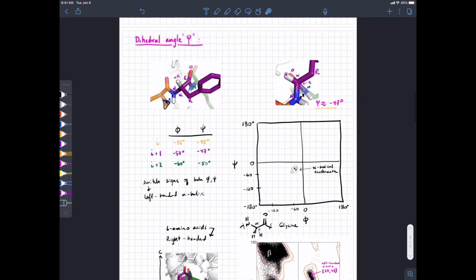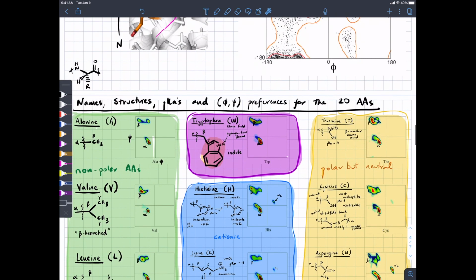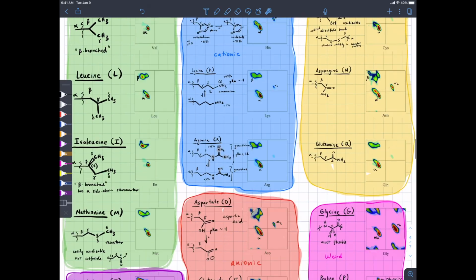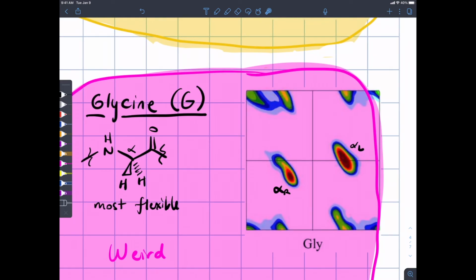By itself, glycine is not chiral, and so you might expect that glycine could adopt both of these types of conformations. And if you look at the Ramachandran plot for glycine, you have basically a reflection on either side for the angles that it can adopt.